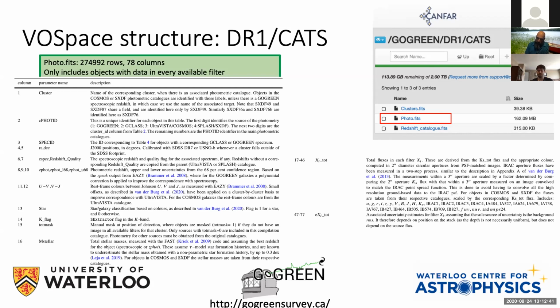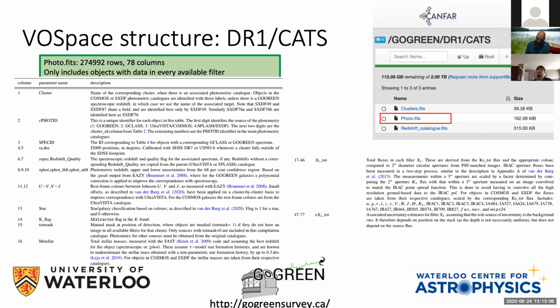So you'll find one entry for every object in UltraVISTA and SXDF, as well as our own GoGreen observations. There are things like rest frame colors, stellar masses, fluxes in the various filters, and also a link to whether or not a spectrum exists for that galaxy and what its redshift is.